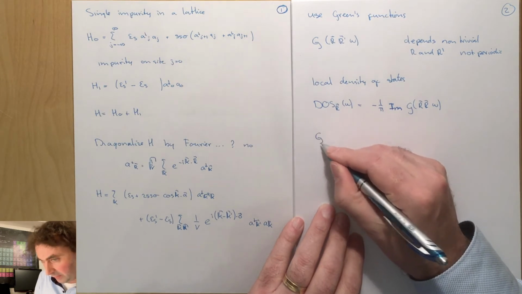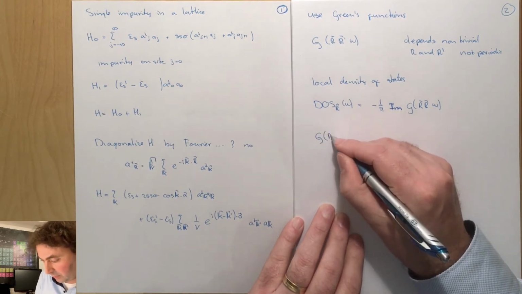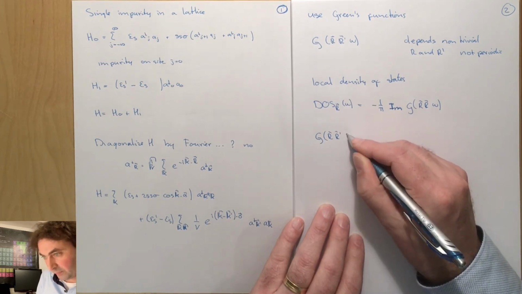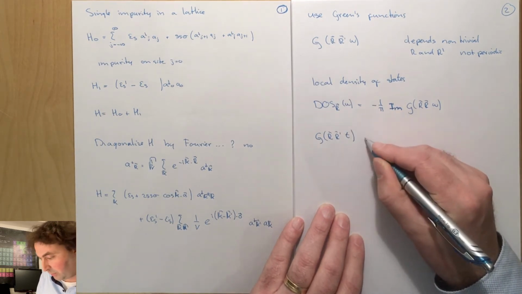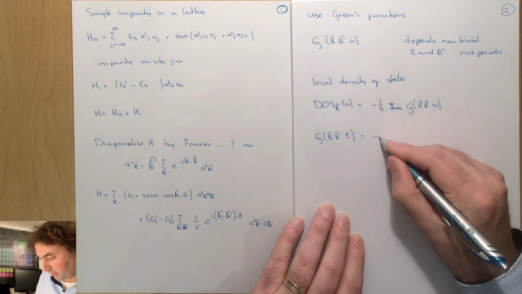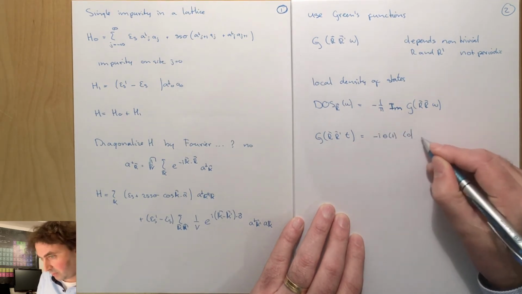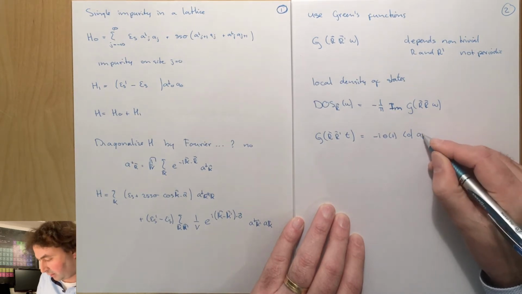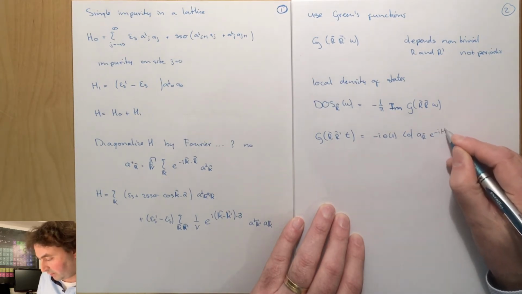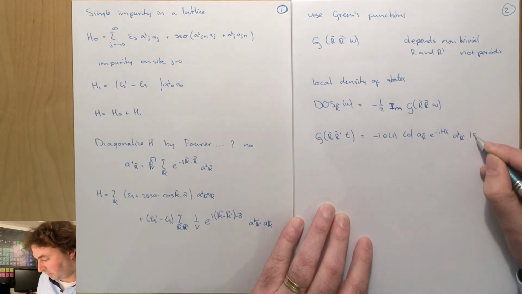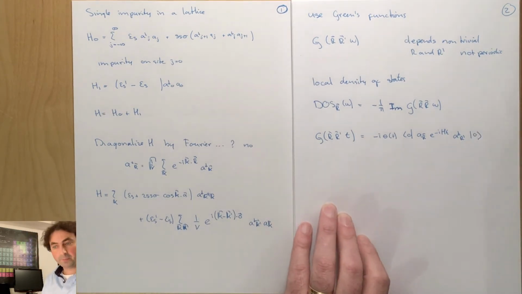If we look at the Green's function, where you propagate from R' to R in the time domain, then this is minus i theta(t) <0| a_R e^(-iHt) a†_R' |0>.